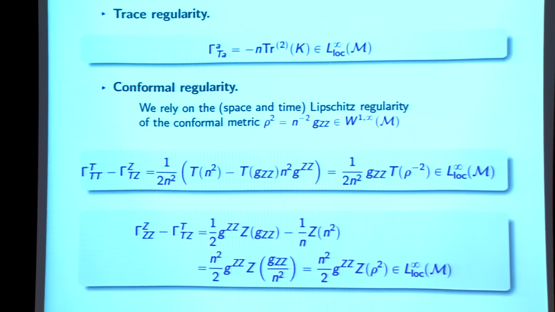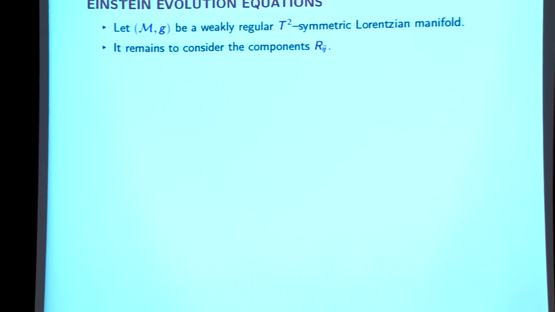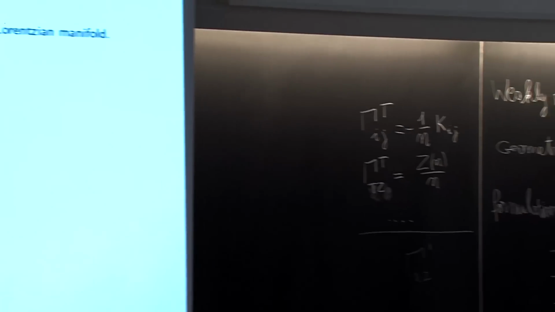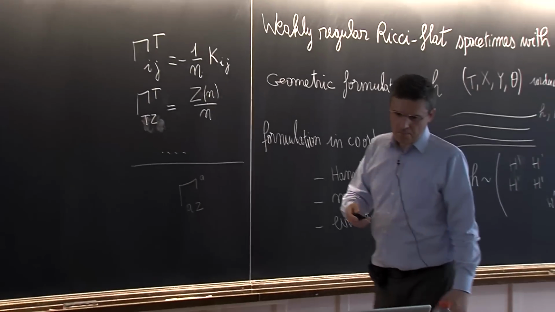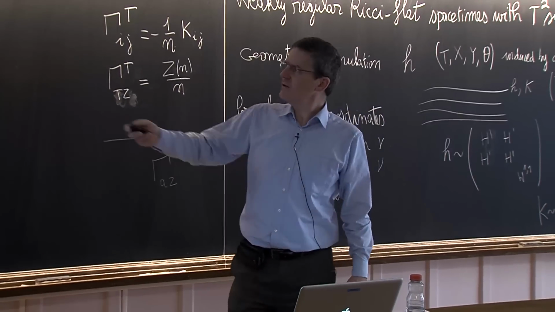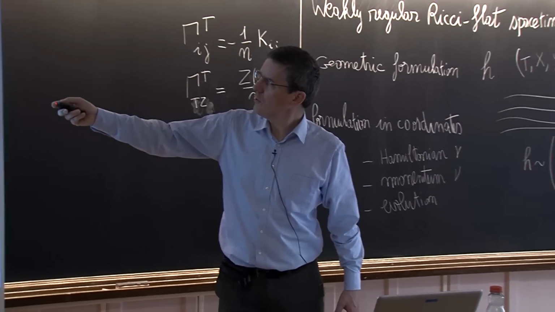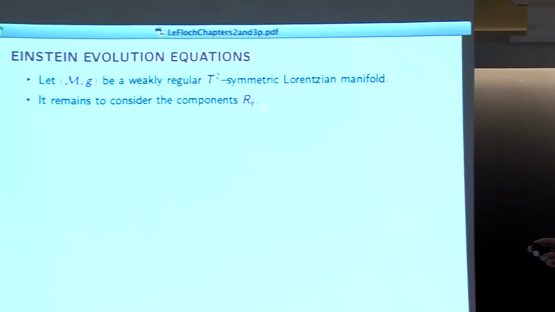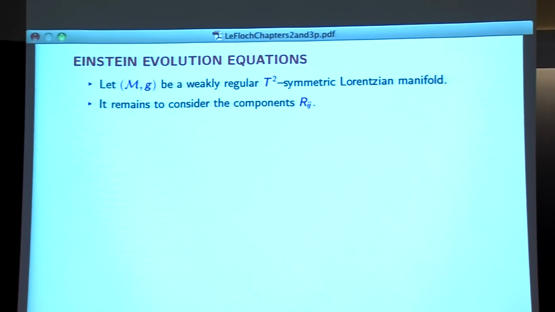Okay, so we proceed at this level of regularity, and now we express the Einstein evolution equations. Probably most of you know that to find the evolution equation, we need to write the Rij, where Ij correspond to the indices of the slices of the foliation.